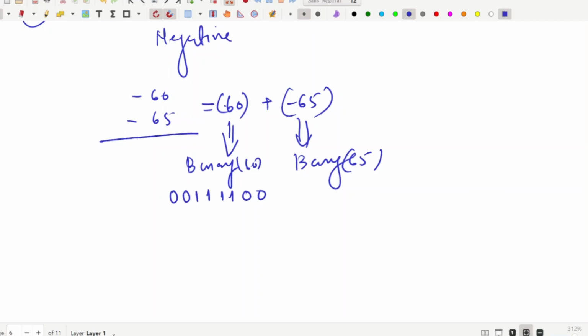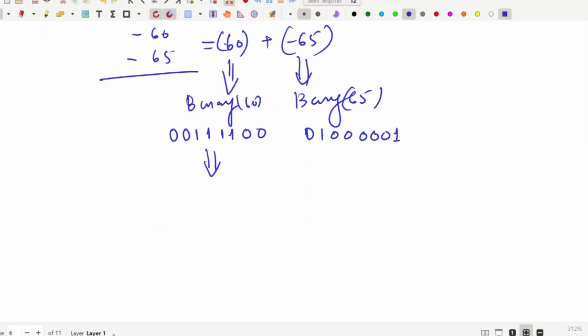Then for representing minus 60 and minus 65, we take the ones complement of it. So this is ones complement 1 1 0 0 0 0 1 1, and the ones complement of the other is 1 0 1 1 1 1 1 0.